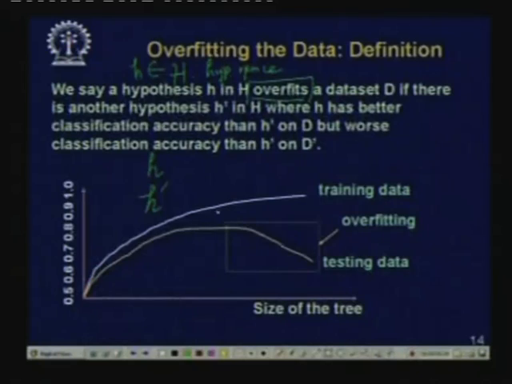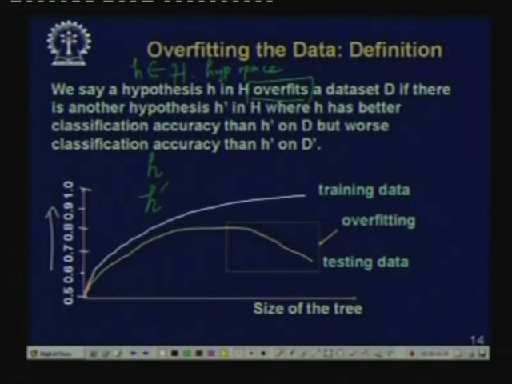We can see the phenomenon of overfitting by inspecting the following curve. This curve is similar to the curve that we looked at earlier. We plot accuracy along the y axis. So, this is 0.5, 0.6, 0.7, 0.8, 0.9 and 1. These are the values of the accuracy.